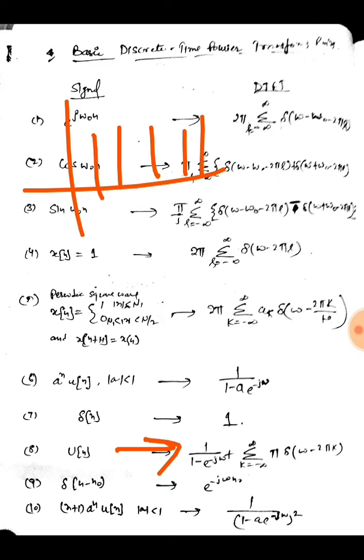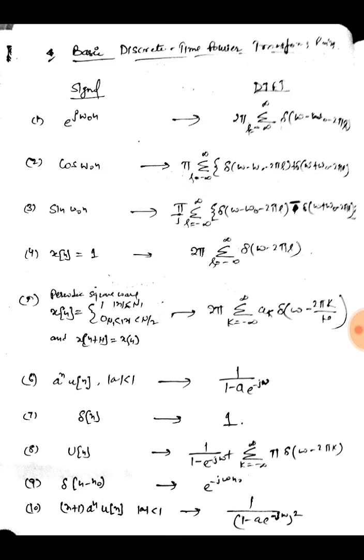And for a time shifted version of the impulse, the Fourier transform will be e raised to power minus j omega n naught, as it is a shifting version in the time domain; this term is multiplied in the frequency domain.